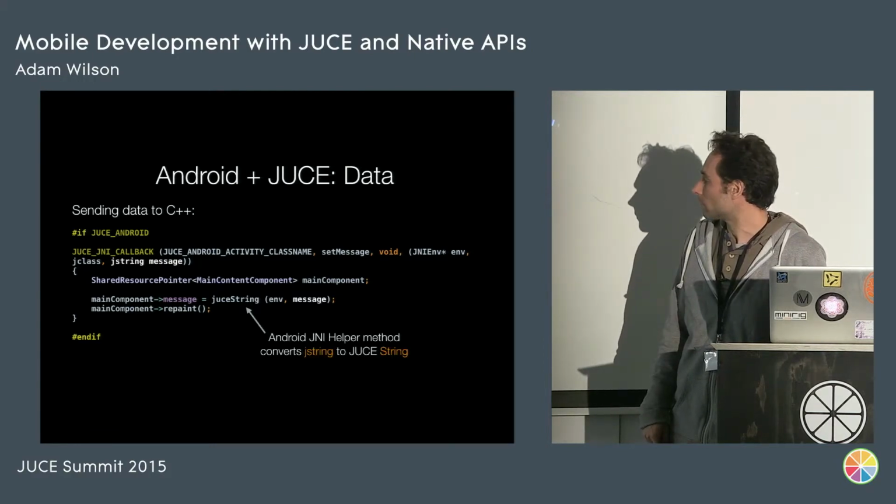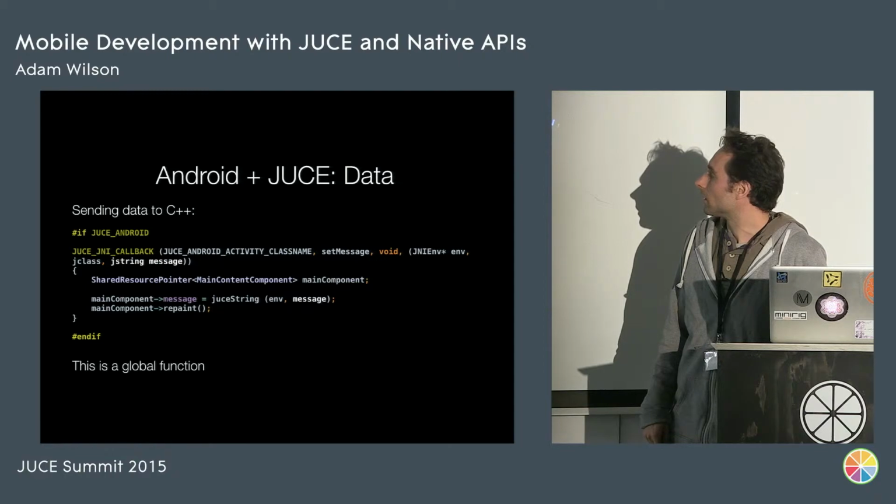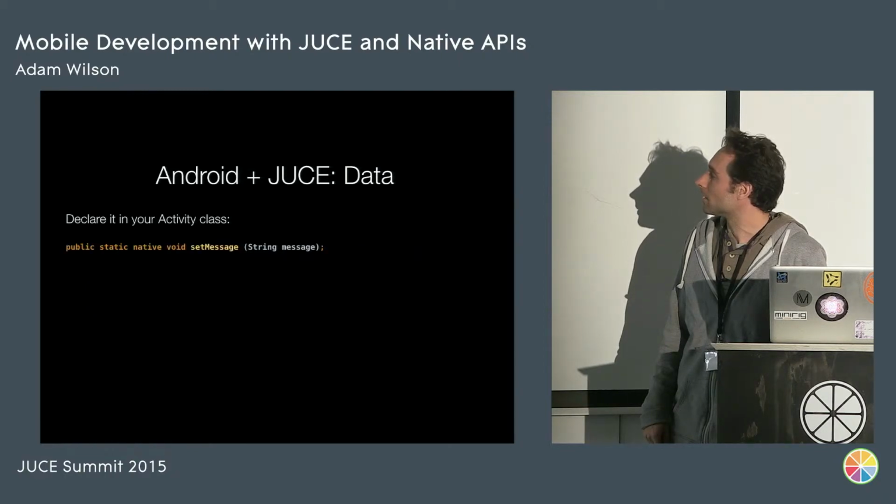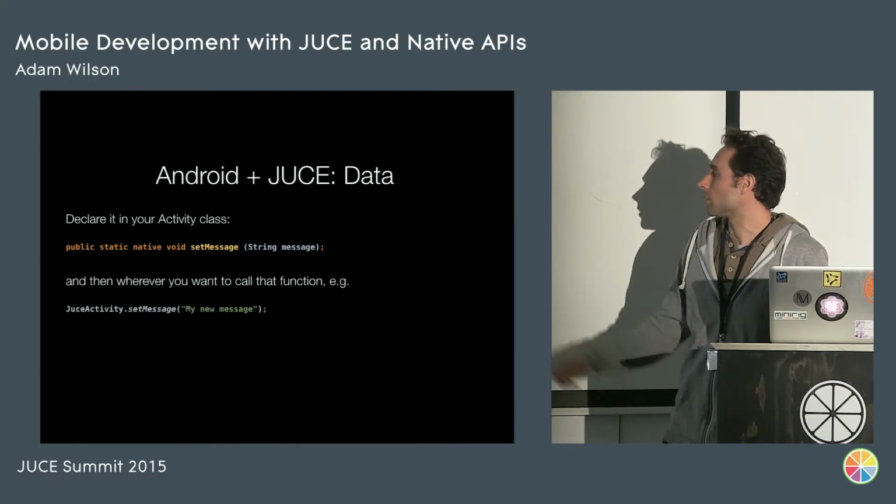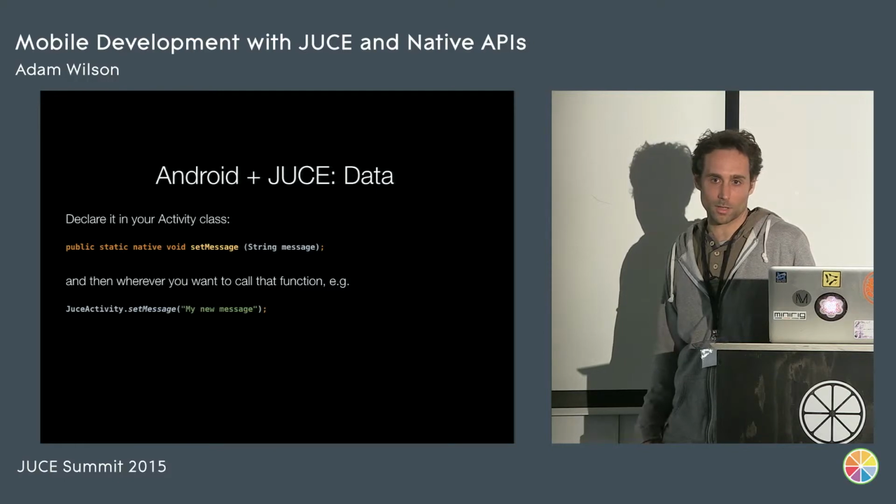I'm going to run through this because I want to make sure I've got time for the rest of it. You declare your method in the activity class, and then you can call it from wherever you want in your Java code.